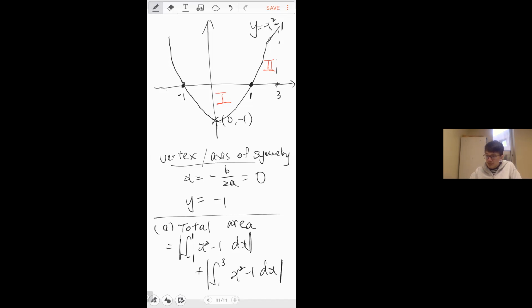So if you want, this will be the same as negative integral from -1 to 1 of x squared minus 1 dx plus the area from 1 to 3. I'll answer your question in a second.